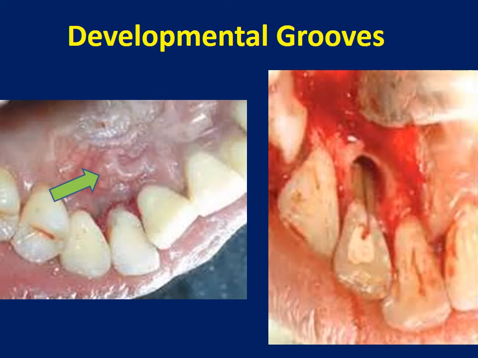So if bacteria enter the gingival sulcus area and reach this groove, they will enter the apical region without any problem and make this lesion. Of course, in this case, treatment is by extensive surgical intervention or extraction.